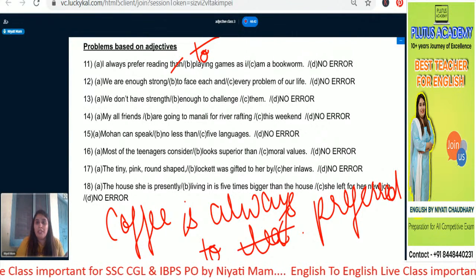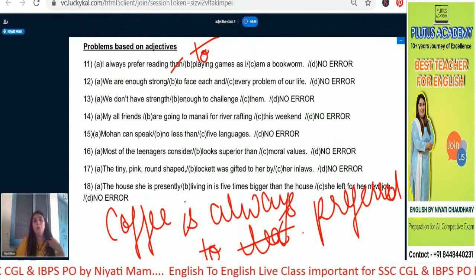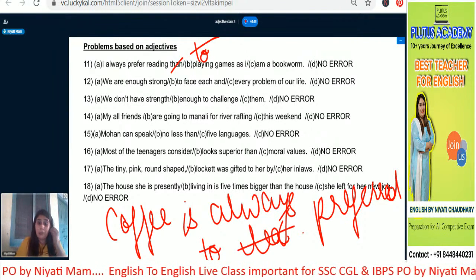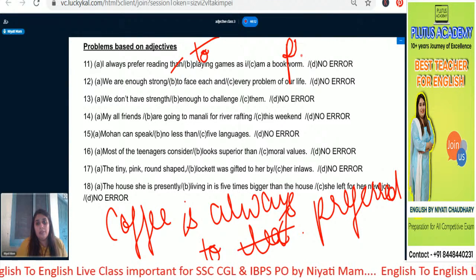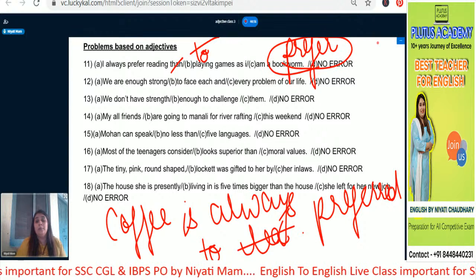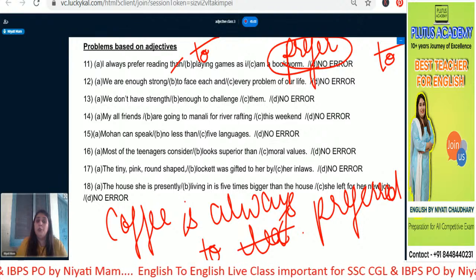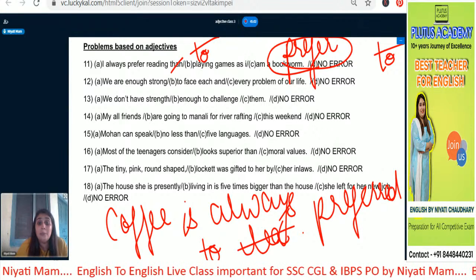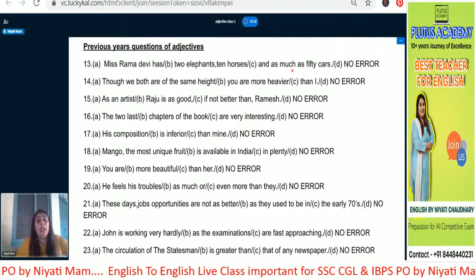The words that end with IOR always take the preposition to with them and not than with them. And in that add another word which is prefer. This word also takes preposition to with it. Coffee is always preferred to tea. Or I always prefer reading than playing games as I am a bookworm.